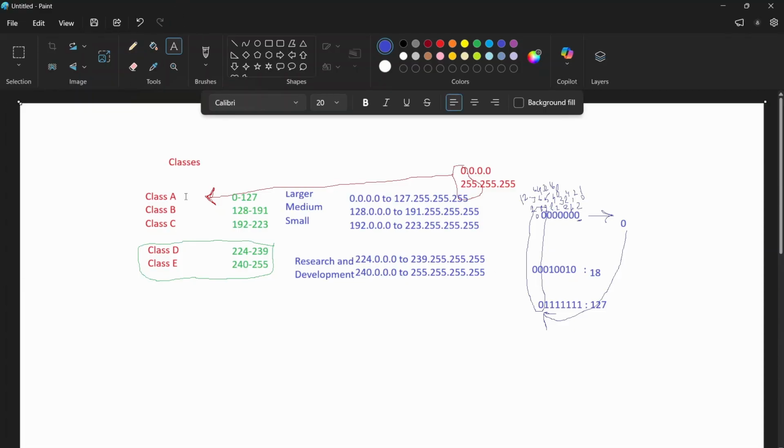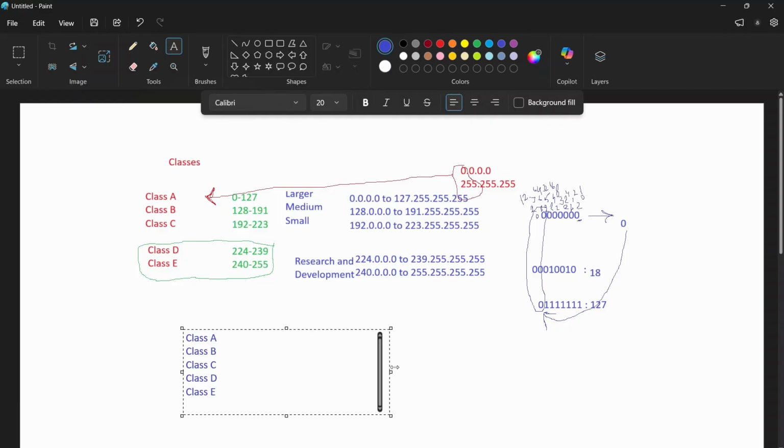Let me take class A, how it looks, class B, how it looks. I'll tell you so that it will be easy for you to remember. Class C, class D, class E.